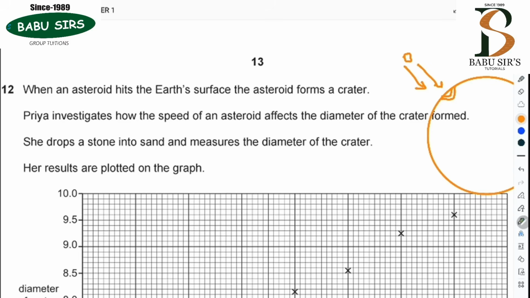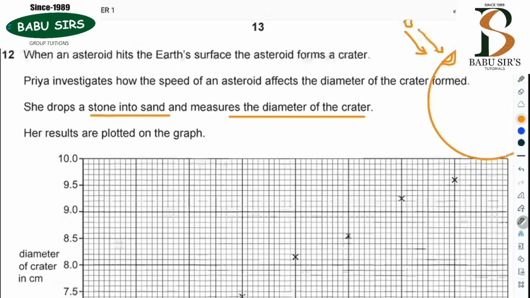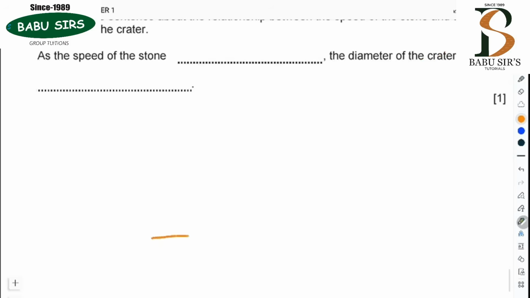She drops a stone on the sand. Now she cannot do this on the Earth, so she is doing an experiment by dropping a stone on the sand and measuring the diameter of the crater, or the hole formed. Suppose this is the sand, she is dropping this and seeing how big a hole is formed.